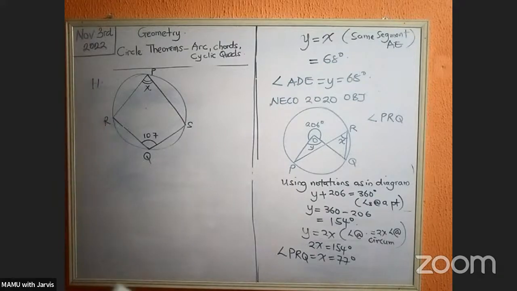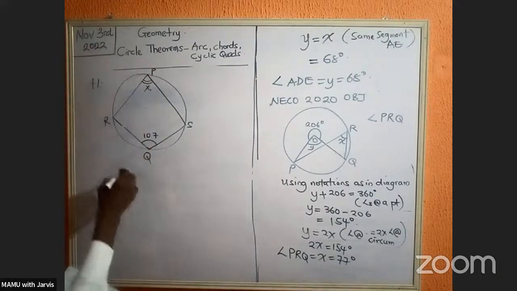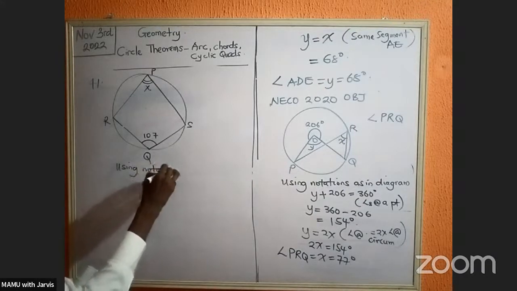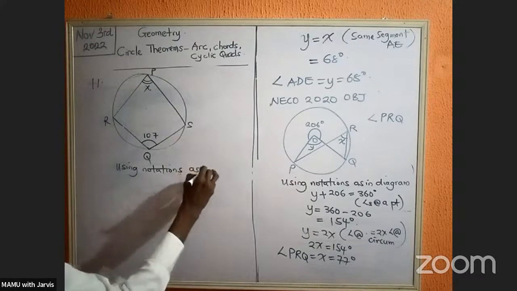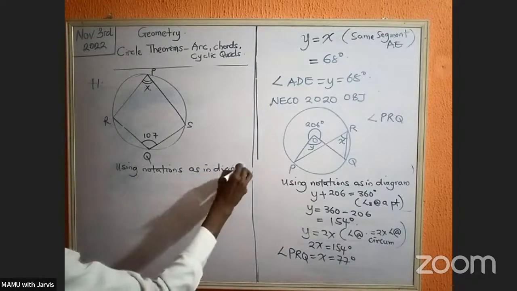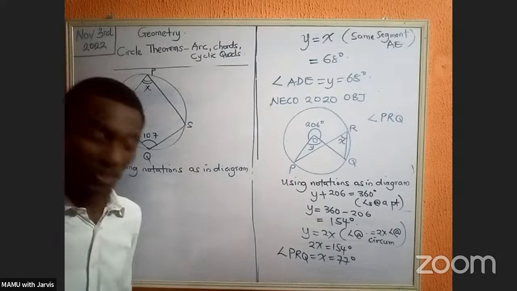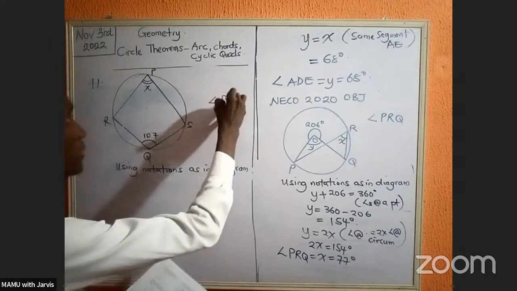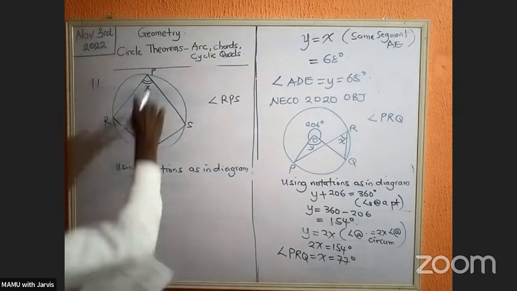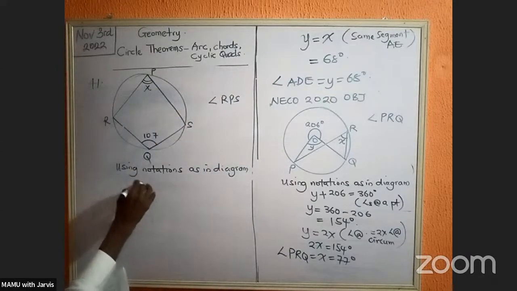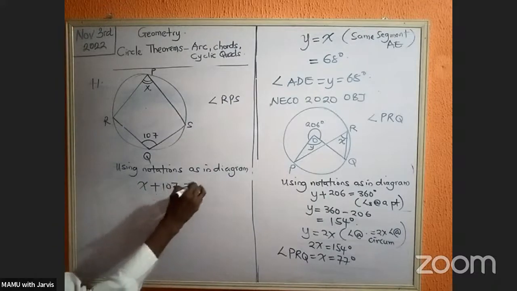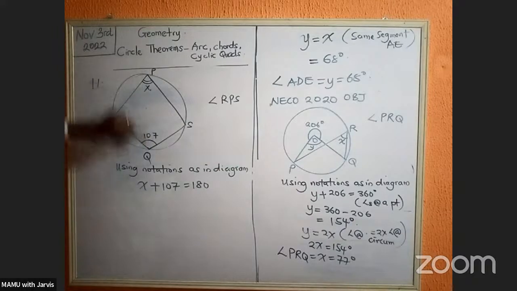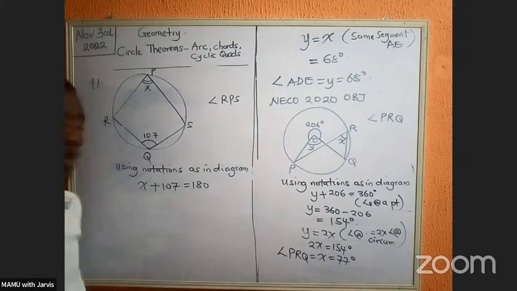Okay, that settled that. Now, look at this. Using notations as in the diagram, this is a technique I use, and it's been working for me for years now. I am told to find angle RQPS. RQPS is this angle here. So look at this, x plus 107 is equal to 180 degrees. I told us earlier that the opposite angles of cyclic quadrilaterals are supplementary.